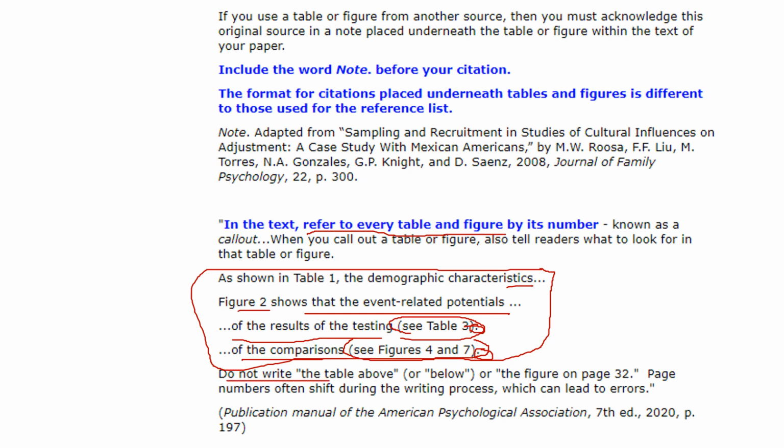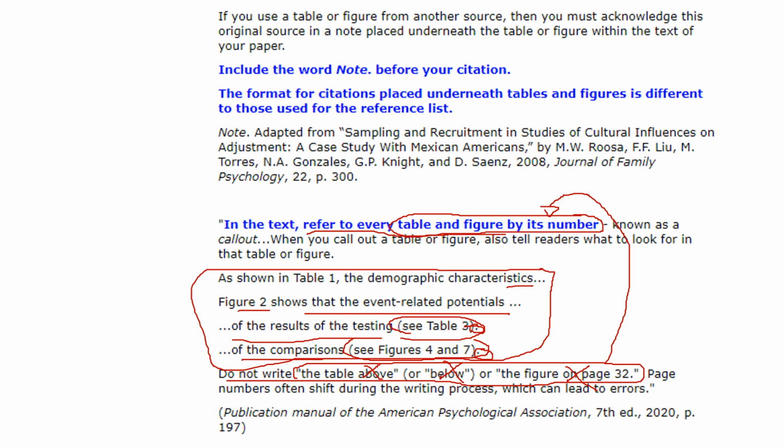Do not write the table above or below or the figure on page 32. Again, refer by its number. Refer to the table or figure by its number. Do not say these. Do not place these on your manuscripts.